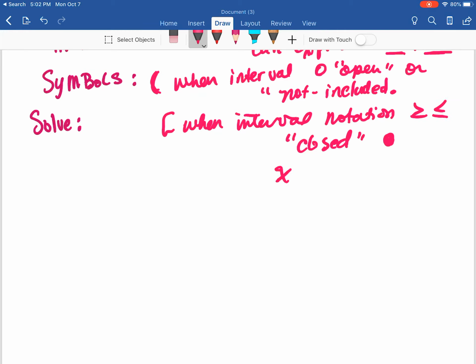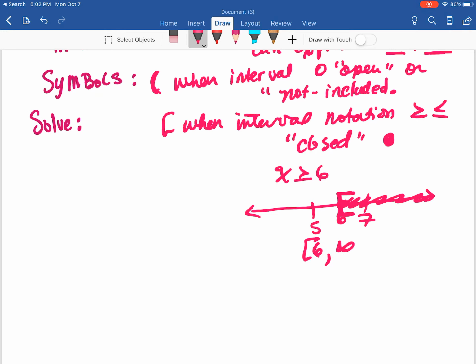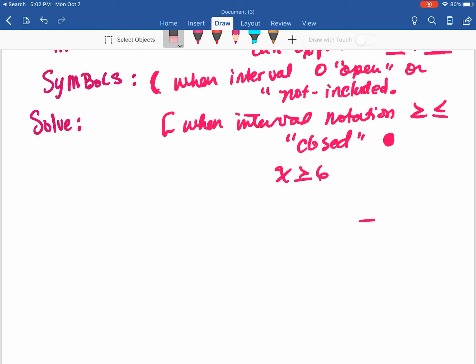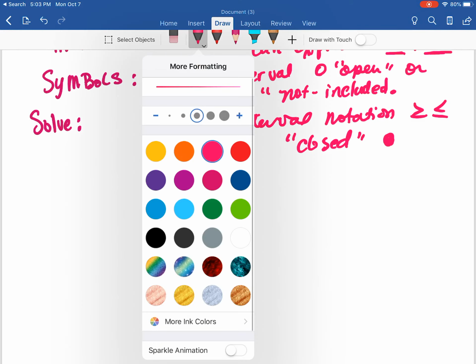So if I had x is greater than or equal to 6, then graphing that on a number line, I have 6, I have 7, I have 5, and it's all my values this way, including 6. So now I'd have a bracket. I would start at 6, and it would go to infinity, okay? Whenever we have the infinity symbol, we're always going to use the parentheses. So let's do some examples.